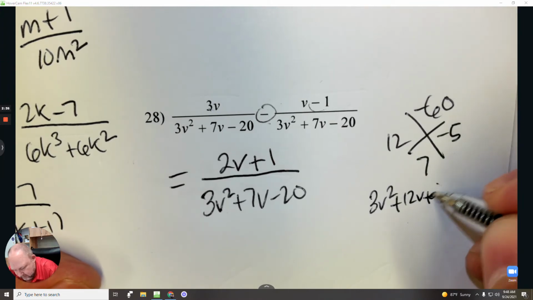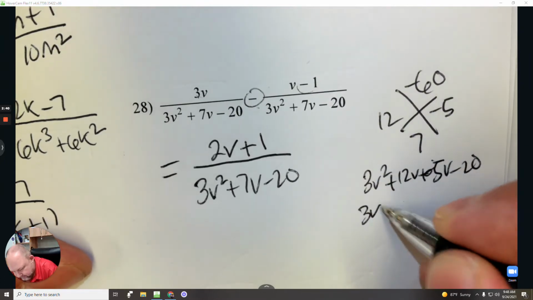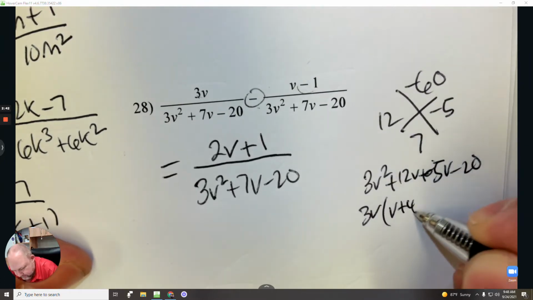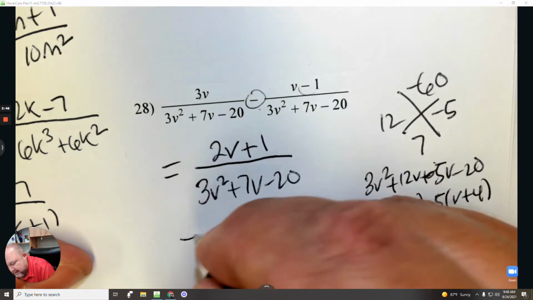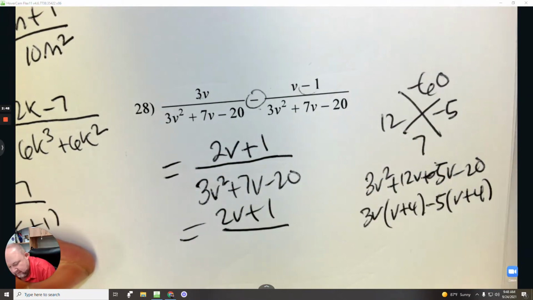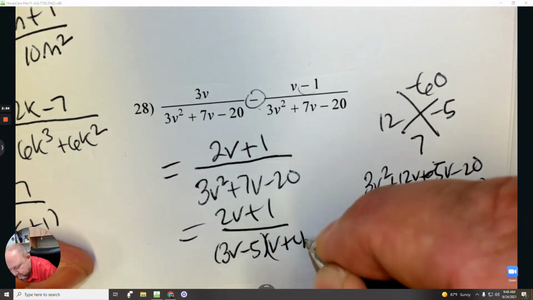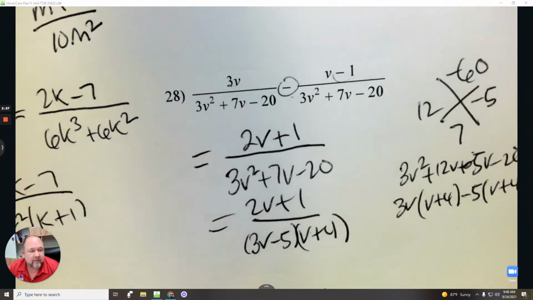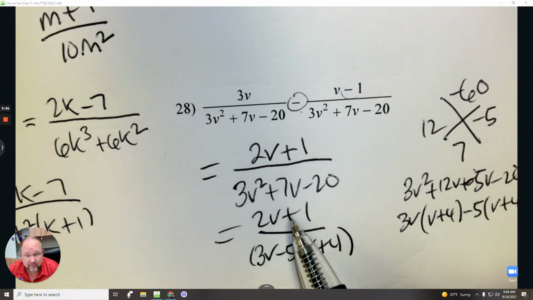This just takes a moment to do. So now when I factor it, I just need to see if there's a common factor, which there isn't. 3v take away 5, v plus 4. So there is no common factor and it's done. But I do need to factor it to see if it can simplify.